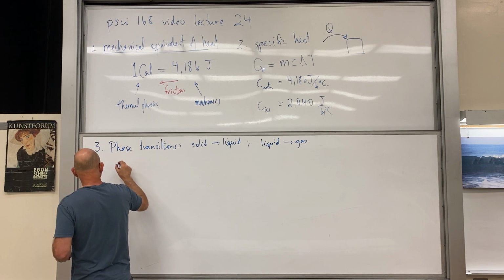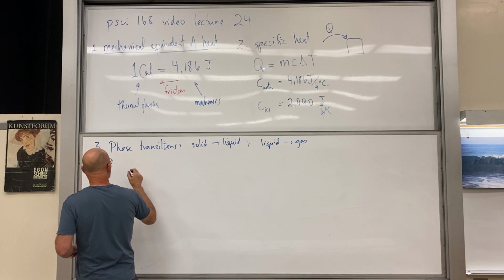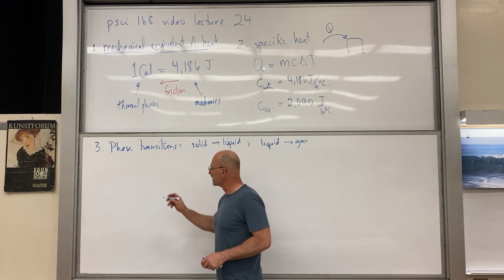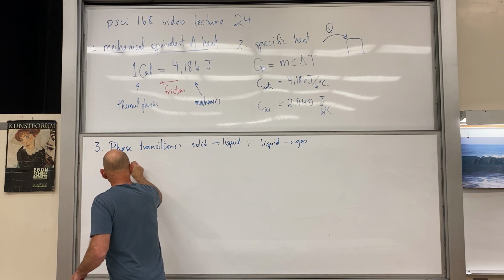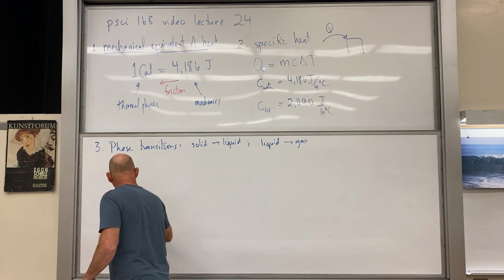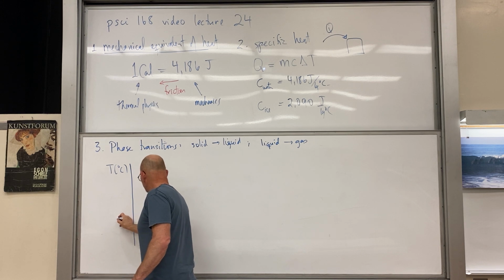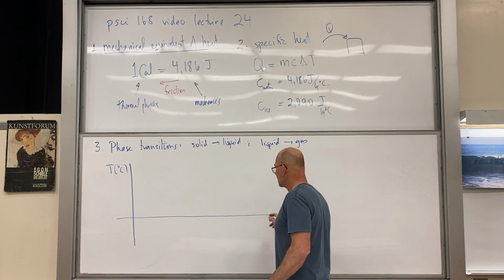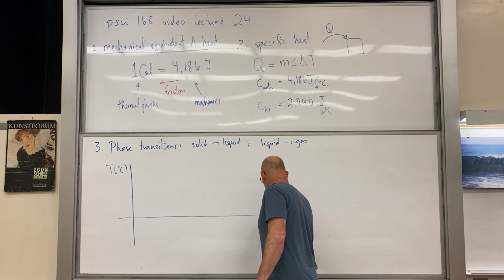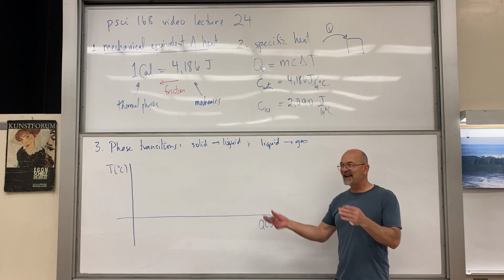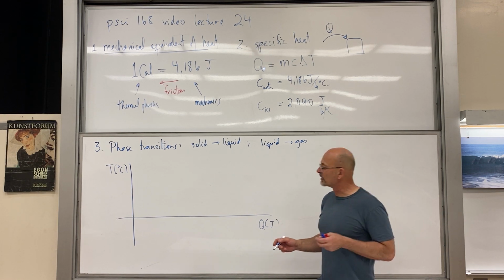So we're going to add some energy to water. Let's start a big graph here, and we'll label it and discuss it. This here is going to be the temperature in degrees Celsius. We'll leave some room for negative degrees too. And this is going to be energy, thermal energy in joules. What we're doing is adding thermal energy to 1 kilogram of water.